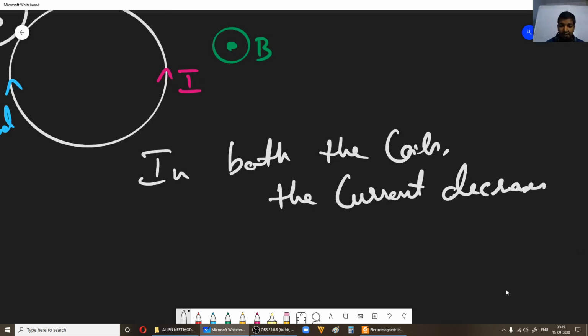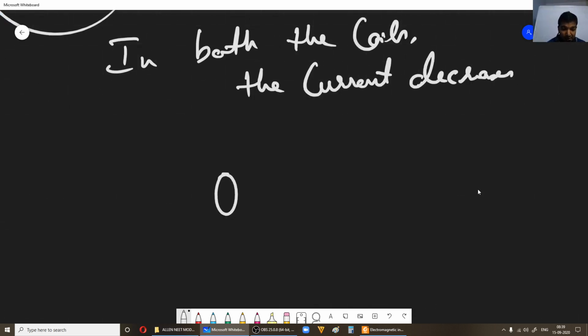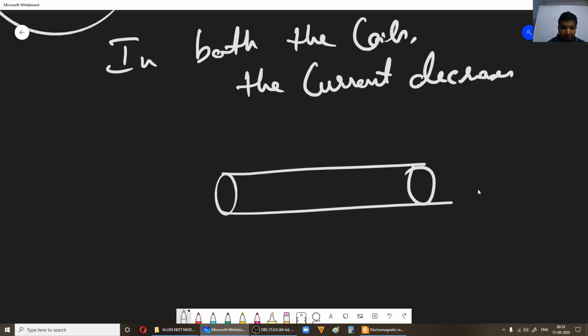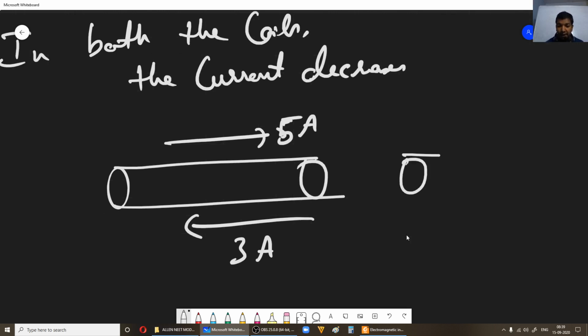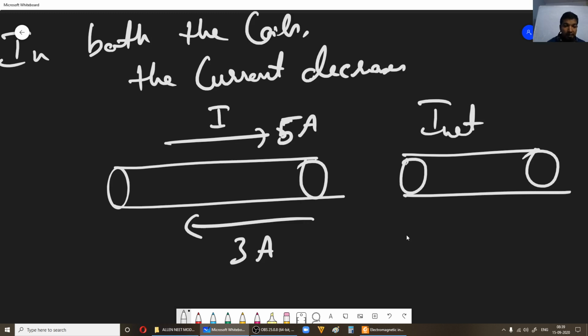It is like this. I'll give you a simple example. Consider a conductor. Say a current of 5 amperes is flowing from left to right and a current of 3 amperes is going from right to left. Now the net current we can write as I net. I1 is 5 ampere, I2 is 3 ampere.